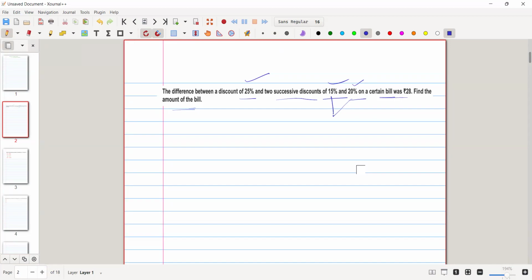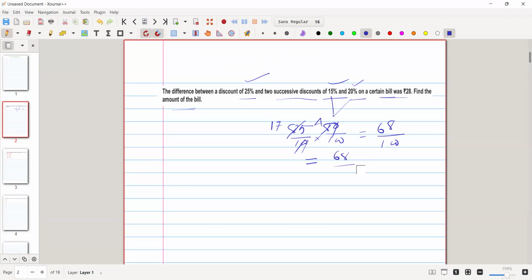15% discount, that means the remaining part will be 85%, and 20% discount, the remaining percent is 80%. So now what will be the value? The value of this fraction will be this one.